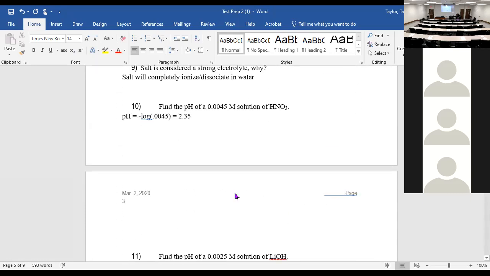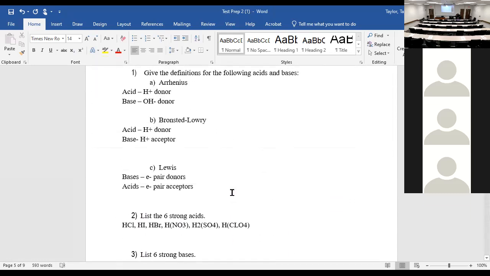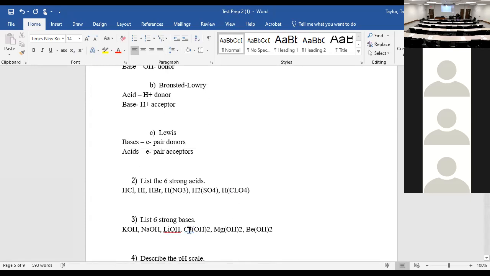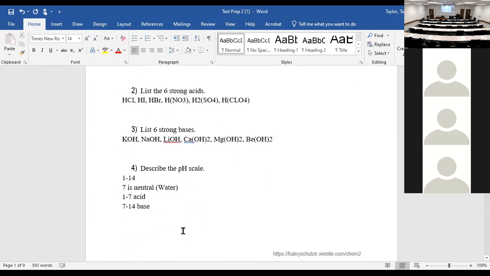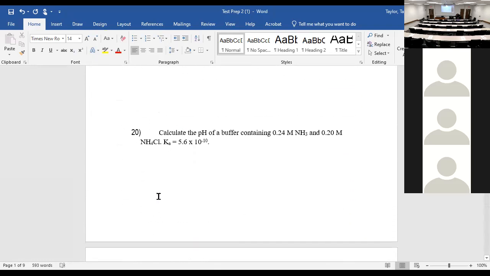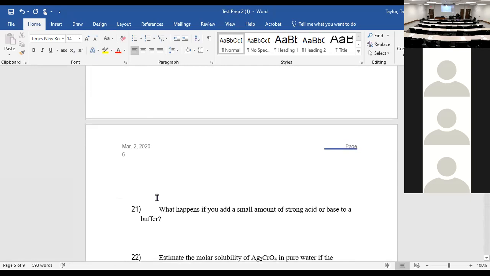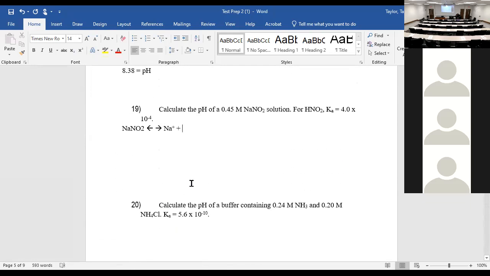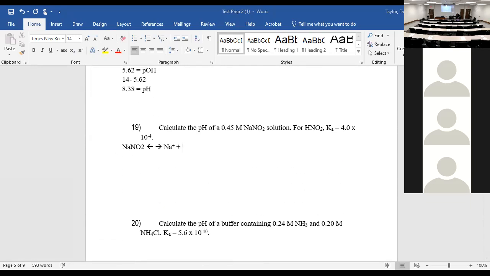I think this is a strong base. Or strong. Why is it doing that then? I think it's a strong base because it's dissociating completely. But let me solve it real quick. NaNO2, sodium nitrite.